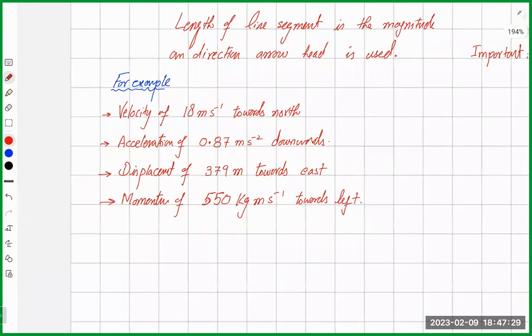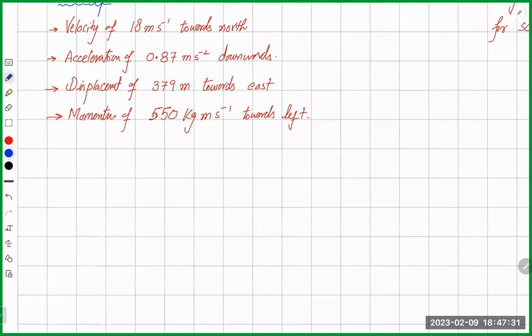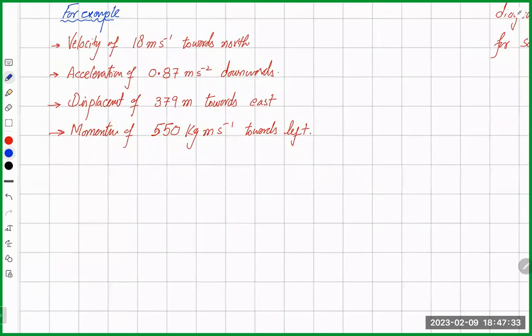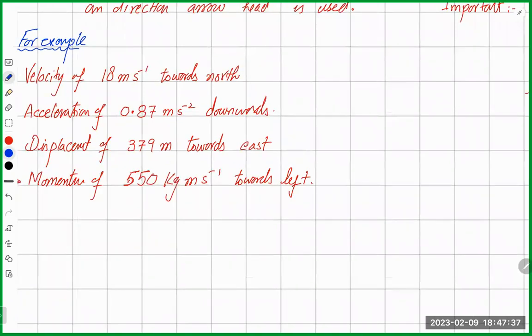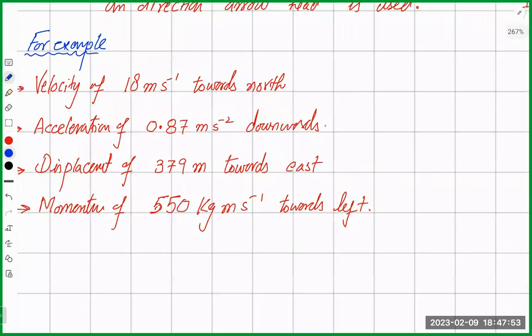Number one, I have to select a scale for each one of them because they all are different. So I cannot use same scale for them. One is a velocity, other is acceleration, displacement, momentum. So I need separate scale for each one of them. What should be an appropriate scale over here?